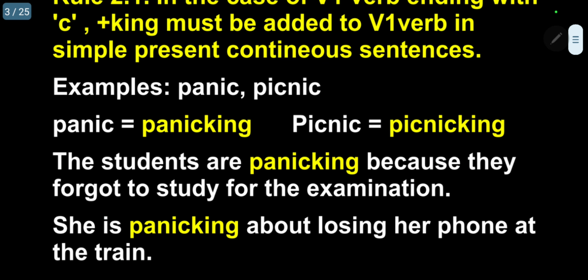Only these 2 verbs are indicated there. I told you 3,565 verbs are there, and from those only 2 verbs are available in the Oxford Dictionary. Panic will be converted into panicking by adding king. Same way picnic will be converted into picnicking.